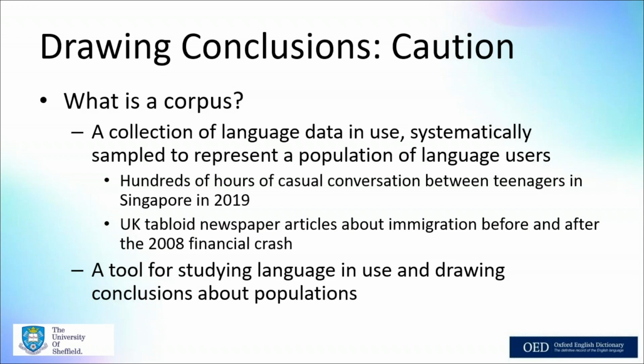And we could carefully sample that so that we were sure that it represented that population. It could be, for example, UK tabloid newspaper articles about immigration before and after the financial crash. Again, we have a clearly defined population, and we can do careful sampling of that population to make sure that the sample represents that population.